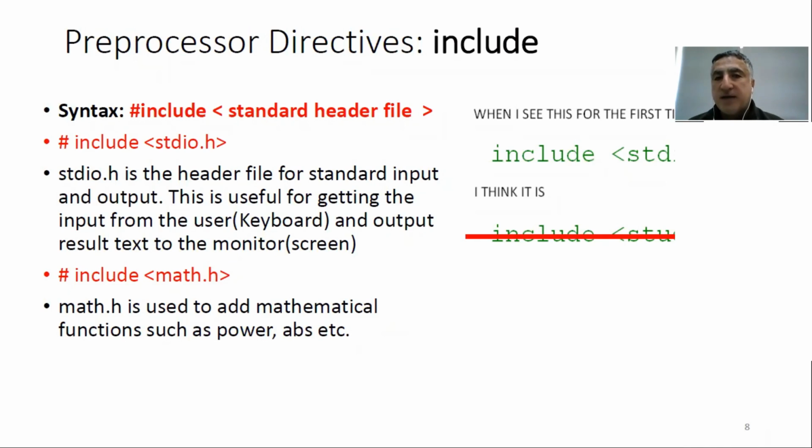We don't need to write it again and again, but we need to include this header file into our software. So we are just giving this instruction to the compiler by saying hash include less than math dot h and greater than symbol, so that the compiler understands we are gonna use all the functions in that file. Okay, at the link time they will be added to our code.